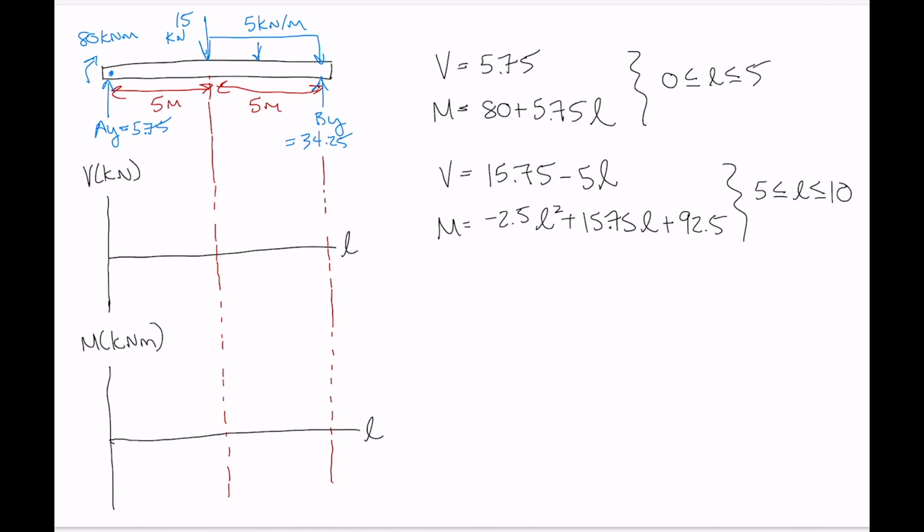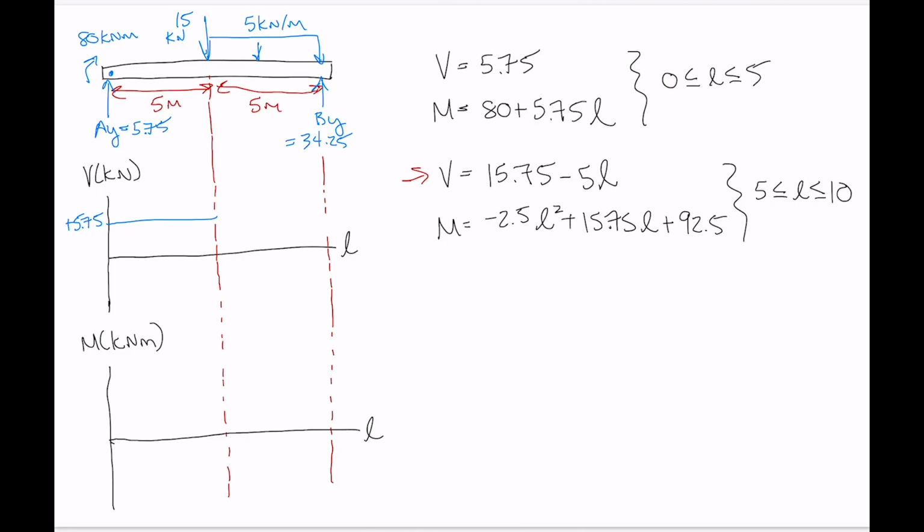So between 0 and 5, the equation for shear is just 5.75. So that's just a straight line with a value of 5.75, right? So there we go. So positive 5.75 is our shear in that segment.